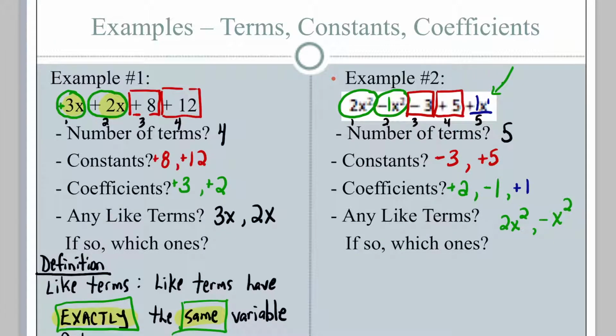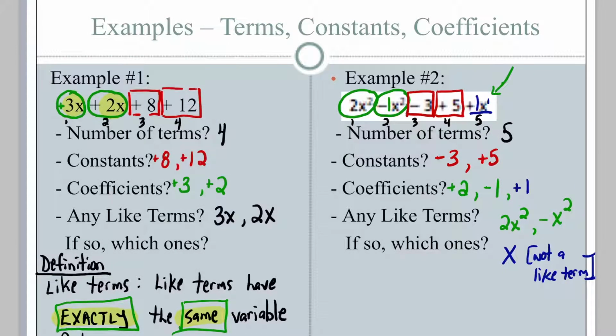It does not have an exponent written, therefore we conclude that it is an exponent of 1, and an x to the first power is not exactly the same as x to the second power. Once again, I want to stress that it has to be the exact same variable to the exact same power. And so a separate term is x, but it is not a like term. Not a like term. Okay, I'm going to write that just so we know moving forward that it is not a like term with the x squared.